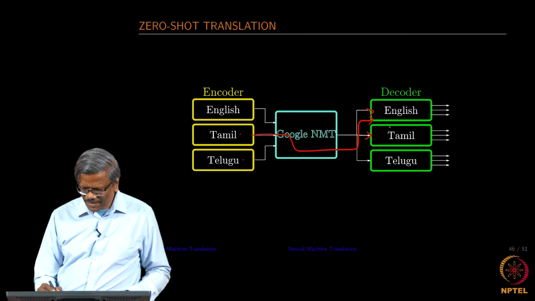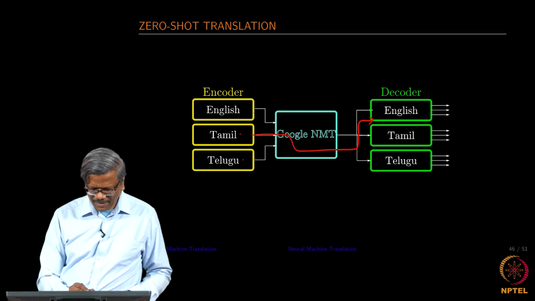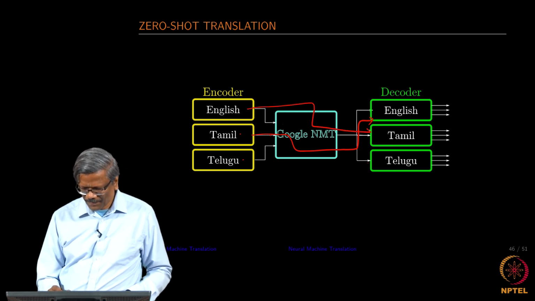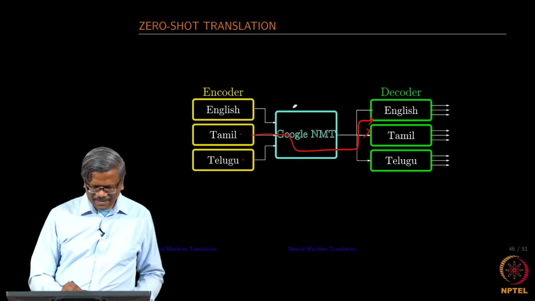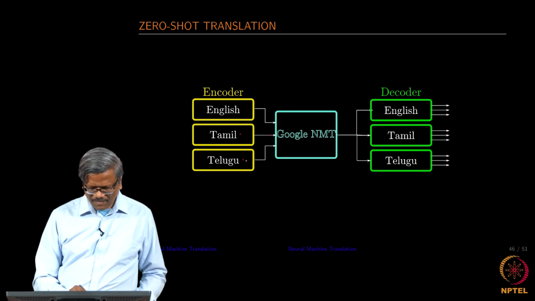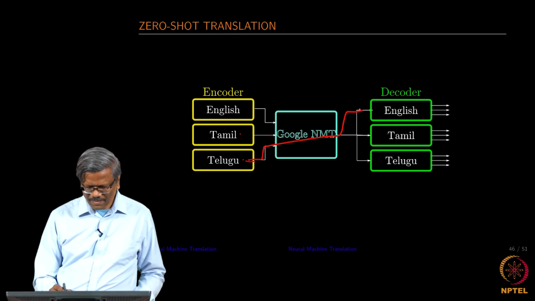So, from Tamil to English, and then English to Tamil. We train the model, and then take the other pairs, Telugu to English and English to Telugu.